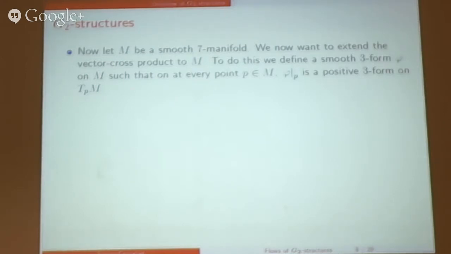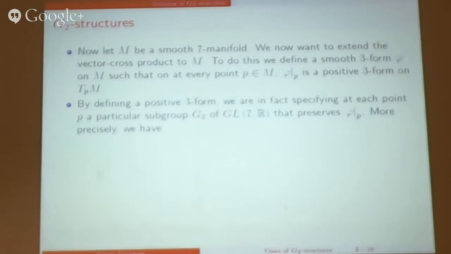Okay, so now let's move on to 7-dimensional manifolds. Here, we want to define more or less the same thing, but on a curved space. So we define a smooth 3-form on the manifold such that at every point it is a positive 3-form on the tangent space.